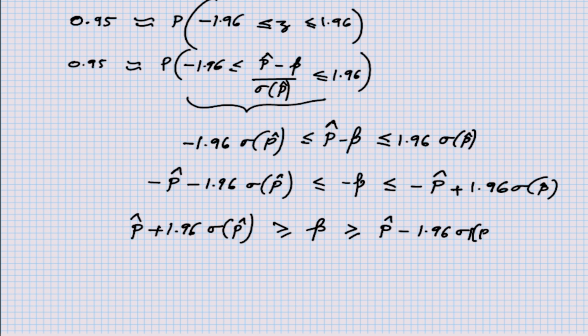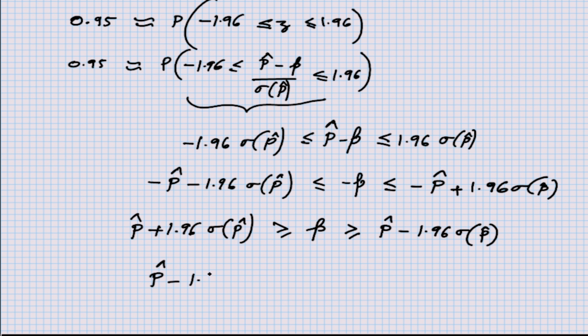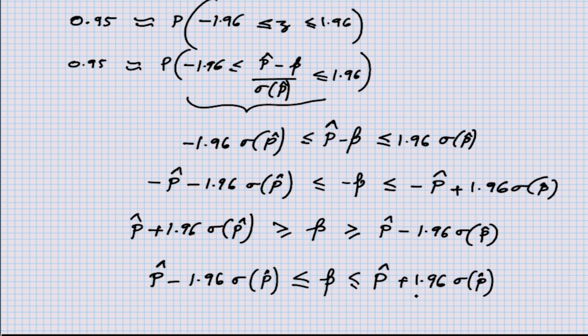Sorry, I'll rewrite the last part. So this is sigma of P cap. Remember this equation, I should rewrite this. The rightmost is the smallest one, that should come to the lowest part. So that is P cap minus 1.96 sigma of P cap should be less than or equal to P, which should be less than or equal to the leftmost term, which I'll move to the right: P cap plus 1.96 sigma P cap.